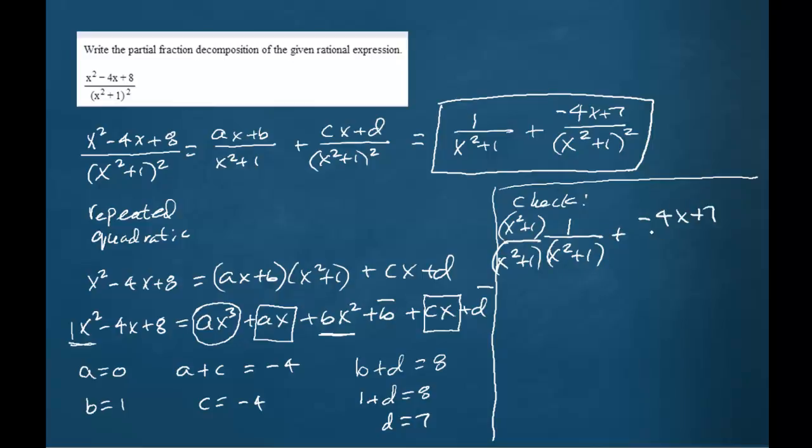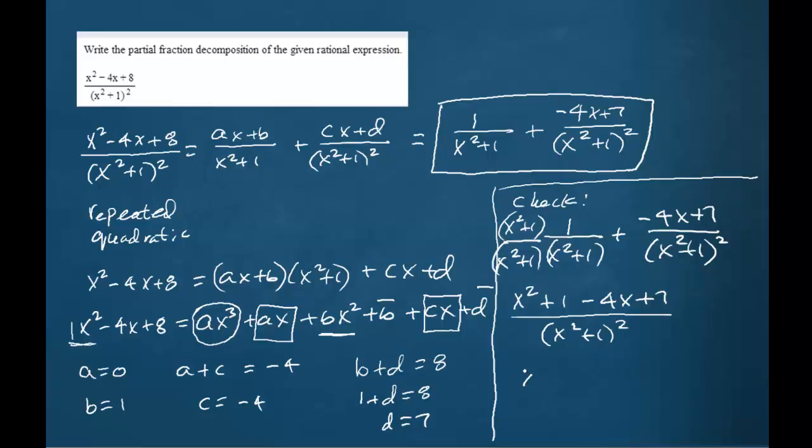We leave the second term alone, minus 4x plus 7 over (x squared plus 1) squared, because it already has the (x squared plus 1) squared in the denominator. In order to add these together, we would multiply here. We'd have 1 times x squared plus 1 will leave us with x squared plus 1. And then we're going to add minus 4x plus 7 here. So we have minus 4x plus 7 over (x squared plus 1) squared.